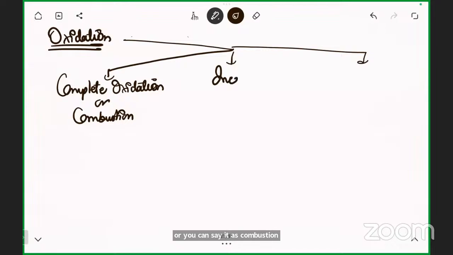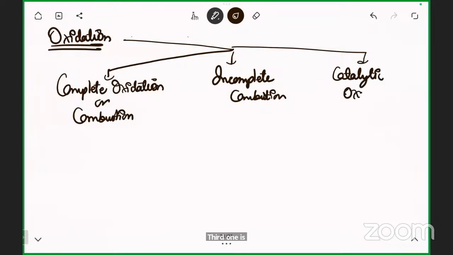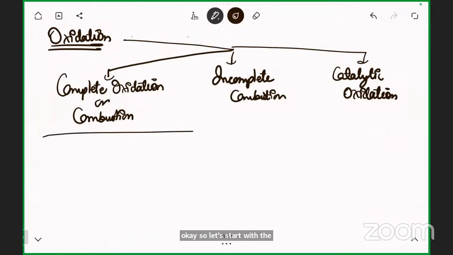Second is incomplete combustion. Third one is catalytic oxidation. So let's start with complete combustion.